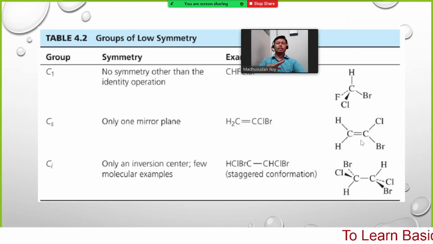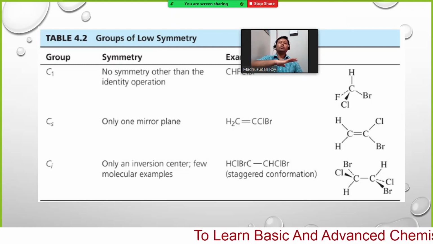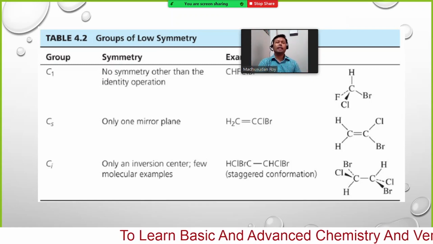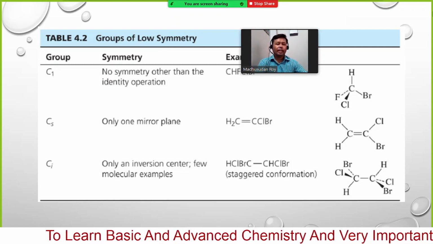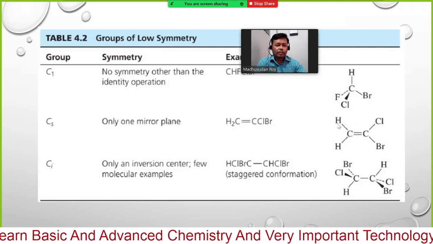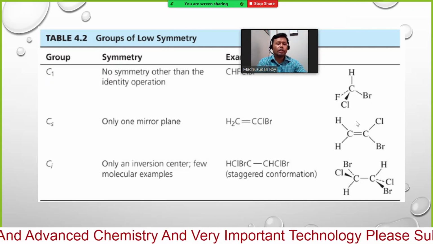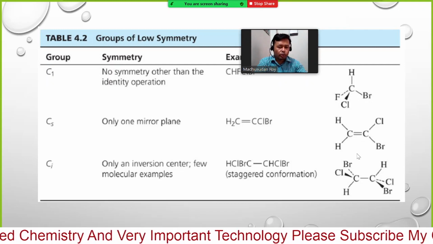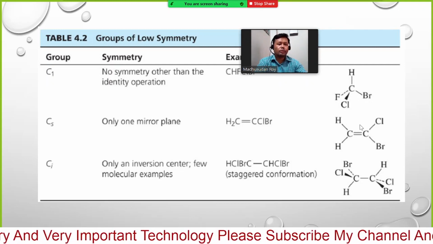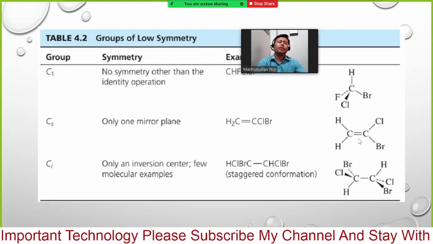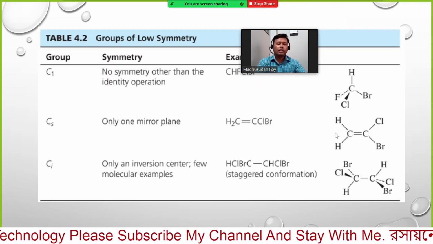I have already mentioned that if you put the molecule just over a mirror or below a mirror, in that case you can have a reflection. Here you can see that if you put a mirror through this carbon carbon double bond, in that case you cannot have the symmetry.